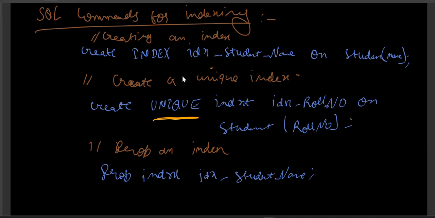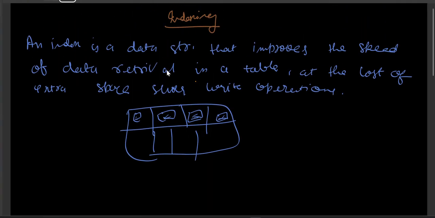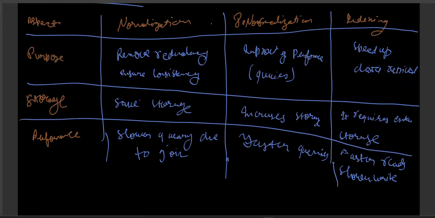So let's do a quick comparison between normalization, denormalization and indexing. If we talk about the comparison, the purpose of normalization is to remove redundancy and ensure consistency, while denormalization focuses on improving query performance, and indexing focuses on speeding up data retrieval.